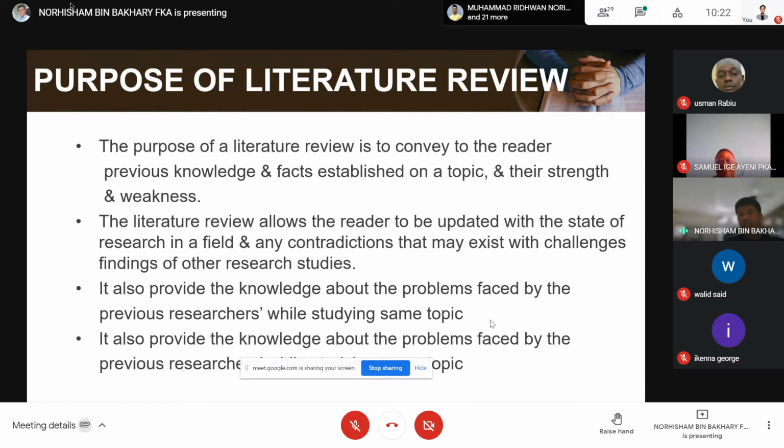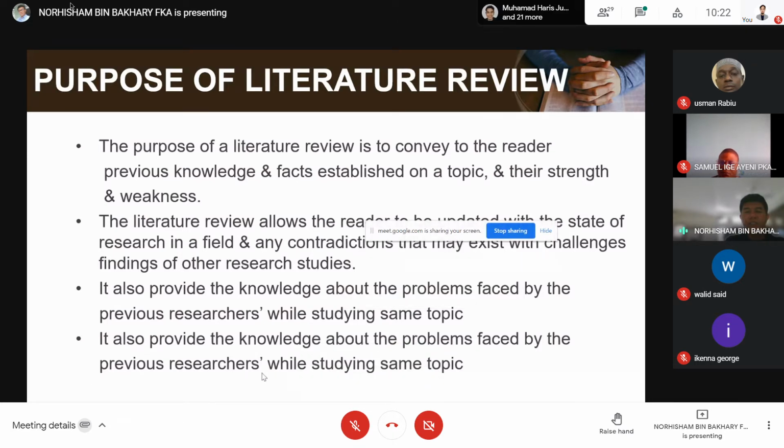And then we can see the trend. So it will also provide the knowledge about the problems faced by the previous researchers while studying the same topic. Okay. Next one.